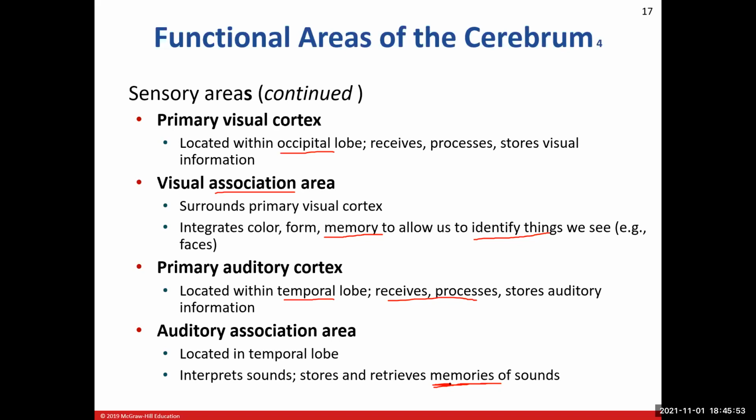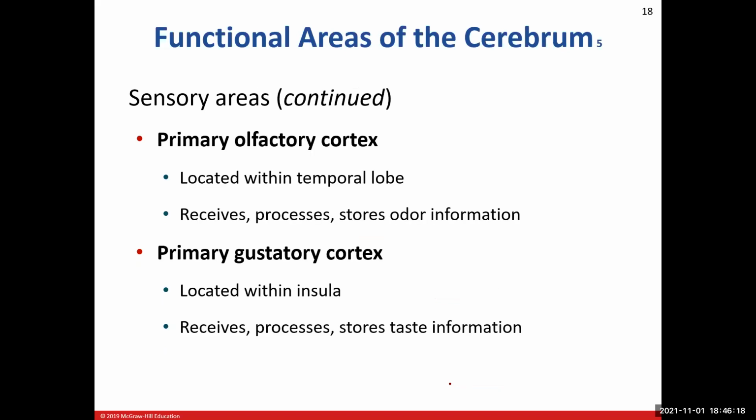If the song is getting a lot of airtime and you're in your car quite a bit, and you hear that song 3 or 4 times a day, a week later that song comes on, you might subconsciously find yourself humming or singing along, and that's because you have stored some of that auditory information into your auditory association area, and you've created memories for some of those sounds there.